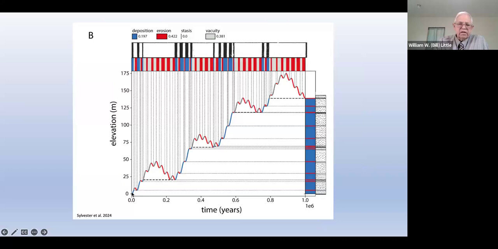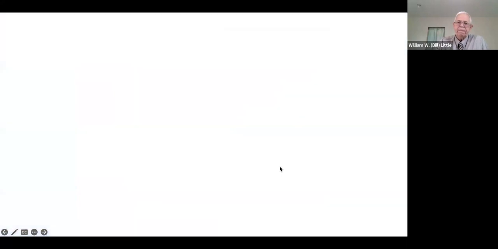If you look at this in terms of time, the blue is what is preserved. That's what we actually see in the rock record. The gray is what was deposited and removed, and the red is the process of removing that sediment.